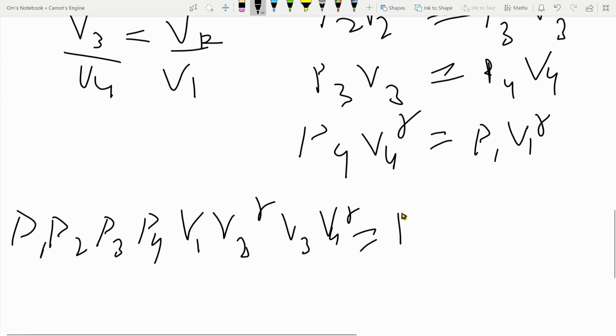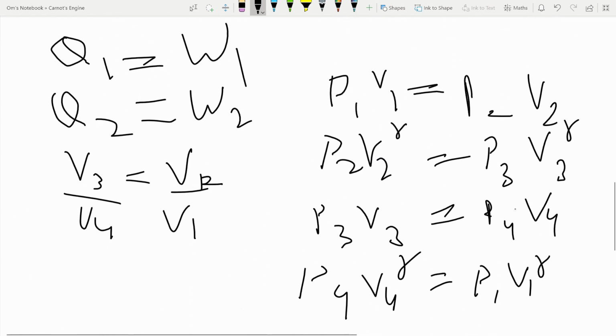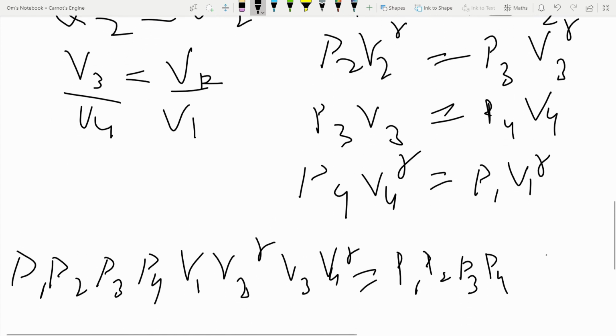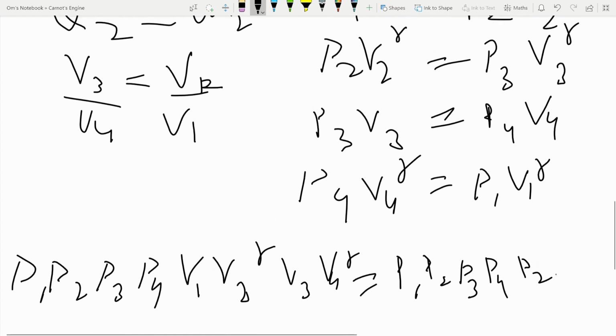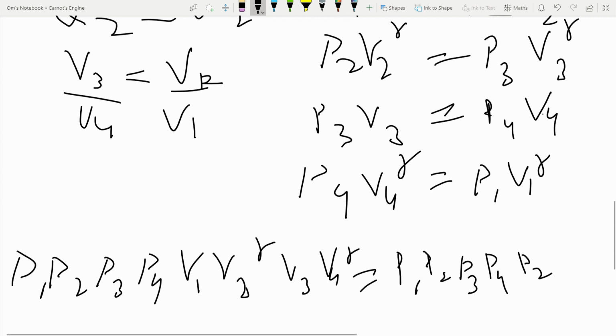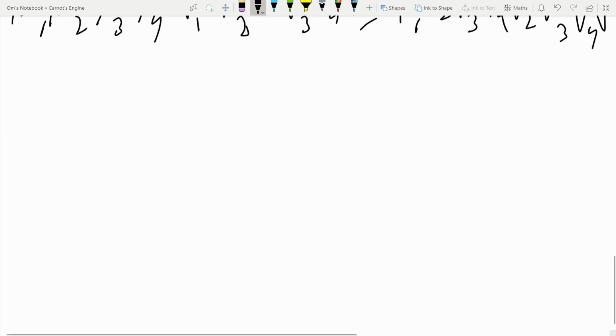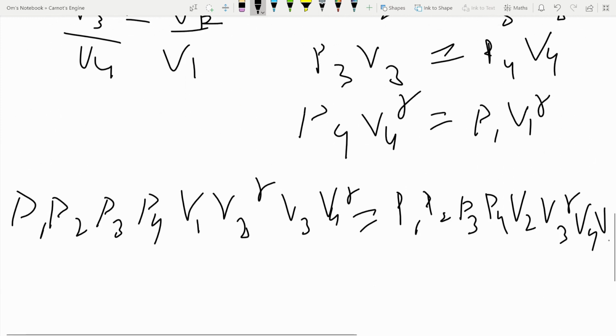This is equal to P1, P2, P3, P4 into, well, first I'll write V2, then V3 raised to gamma, V4 and V1 raised to gamma. So I'll just cut these pressures over here.